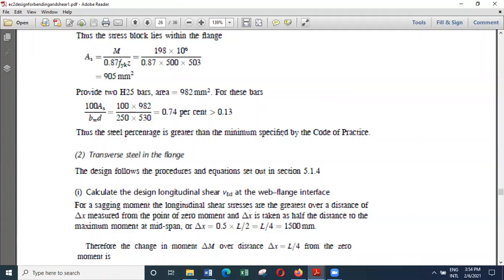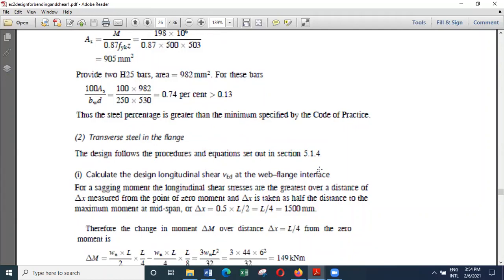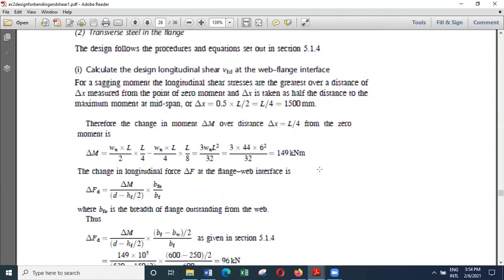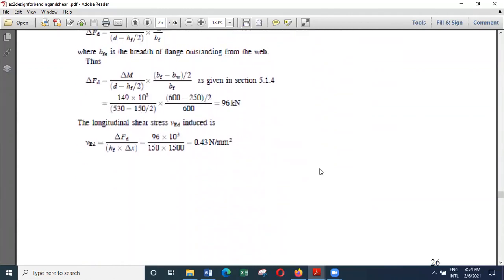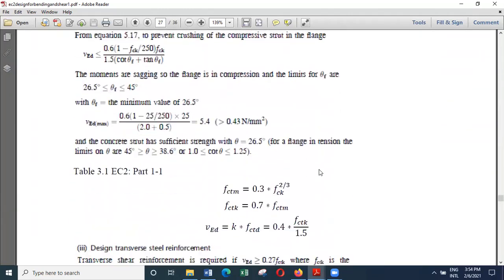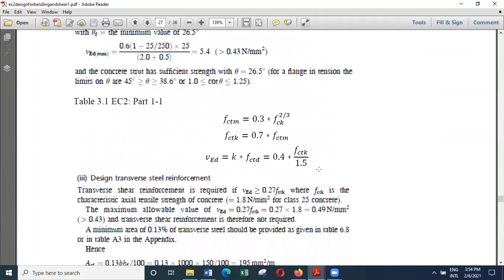And from that, you can work out what is the moment change at the halfway mark from zero moment. So that can be calculated from the bending moment diagram that you get from the computer program. So that is one important aspect.